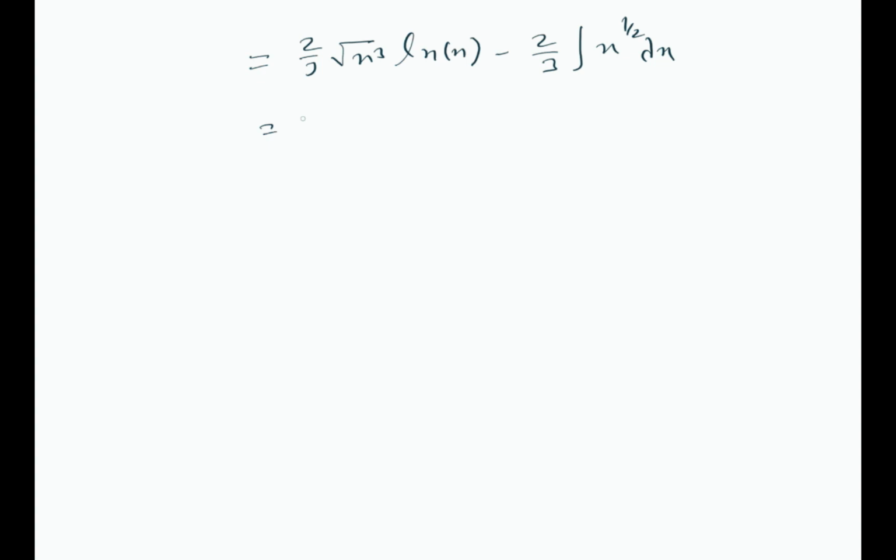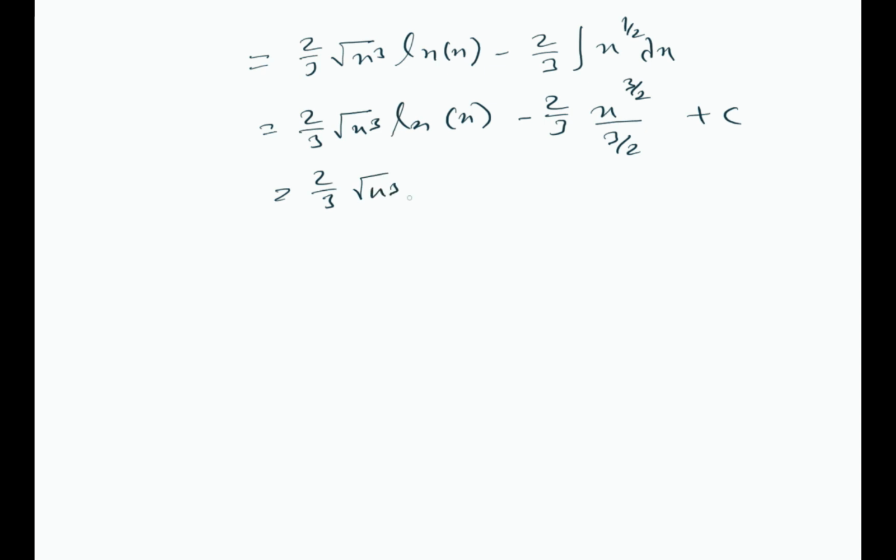And if we simplify this, it would be 2 over 3 square root of x cubed ln of x minus 2 over 3, and if we integrate x to the power half, then it would be half plus 1, which is 3 over 2, divided by 3 over 2, and finally we can add a c. So this is 2 over 3 square root of x cubed ln of x minus 2 over 3 divided by 3 over 2 times x to the 3 over 2 plus c.